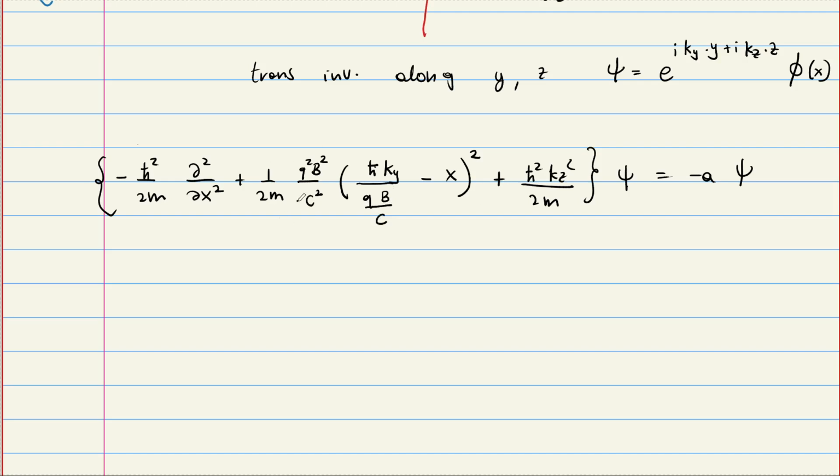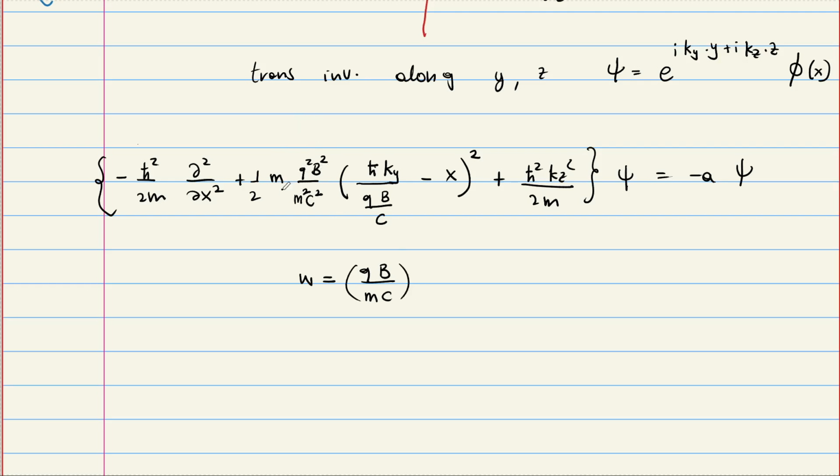Now I am trying to see what this term is going to do. So I can do the following. I can put m squared here, erase this, and this is, okay, 1/2, and I can multiply with m. And now if I introduce the so-called cyclotron frequency, omega is equal to qb over mc, this thing is omega squared, right?